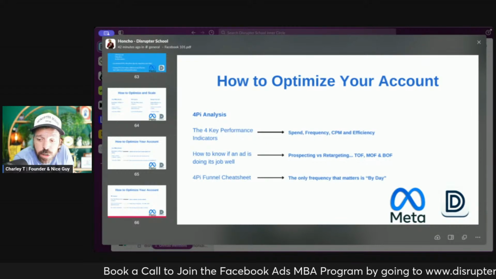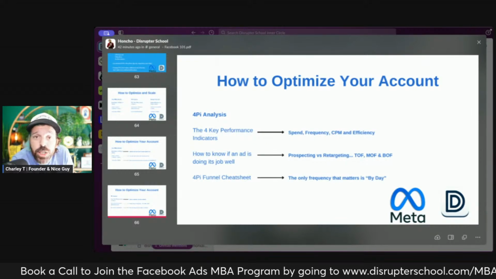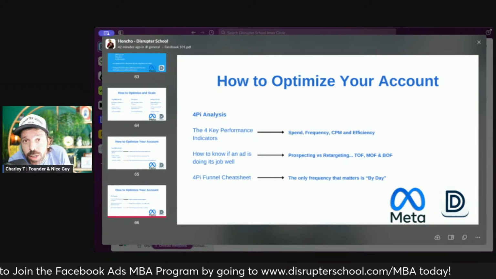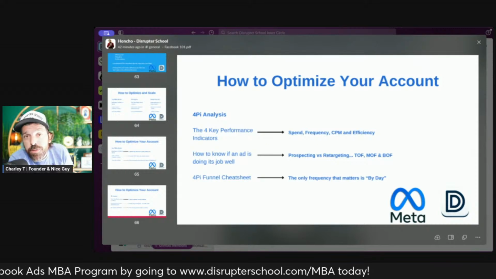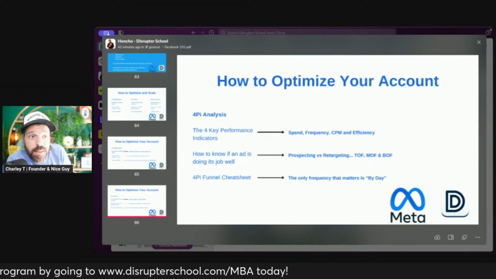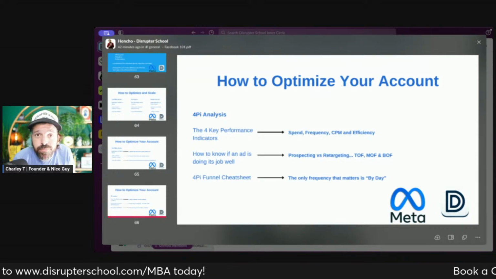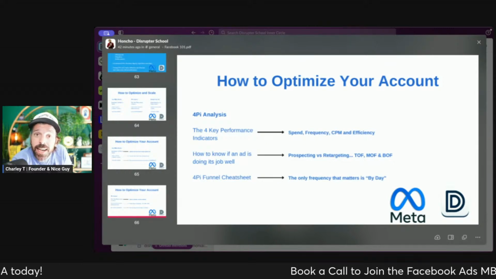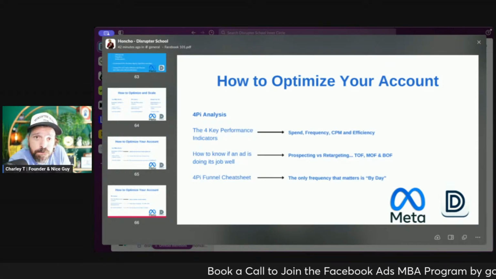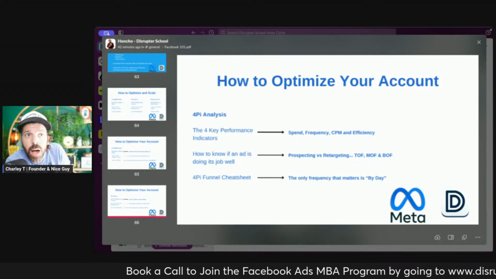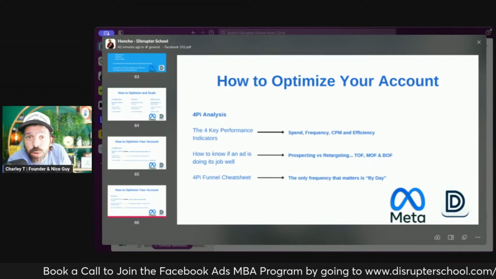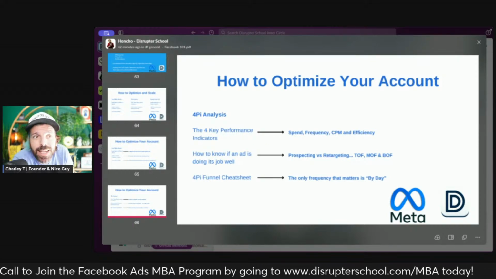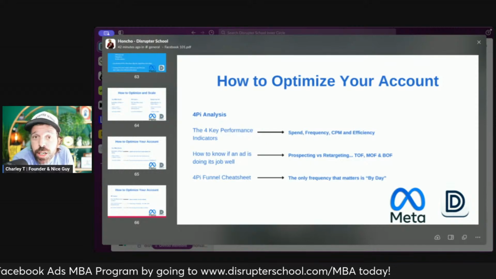Generally speaking, vertical videos sit higher in the funnel than square images. Generally speaking, reviews and testimonials sit lower than demonstration of product. Generally speaking, us versus them sits higher than features and benefits. If I don't know who you are, odds are I'm less interested in why you're good.